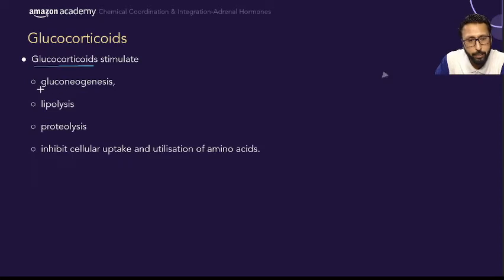Okay guys, these glucocorticoids which we have discussed are very important. They stimulate gluconeogenesis. Now what is gluconeogenesis? Neo means new, so they are forming glucose from new substances. In our body normally glucose is formed from glycogen, like I have told you, but suppose there is no glycogen or it has been used up, so what will the body do? The body will require energy. In that case, fats and amino acids, which are all organic molecules, can be broken down into glucose.